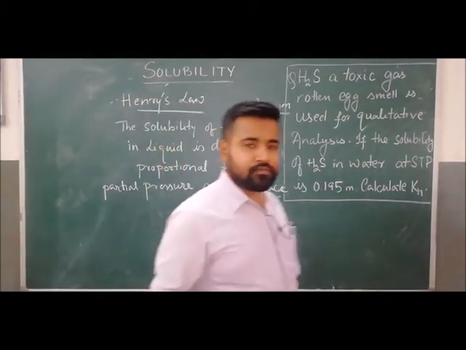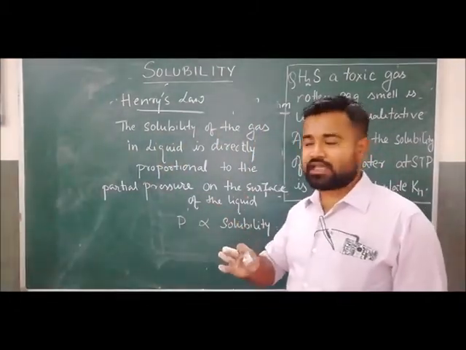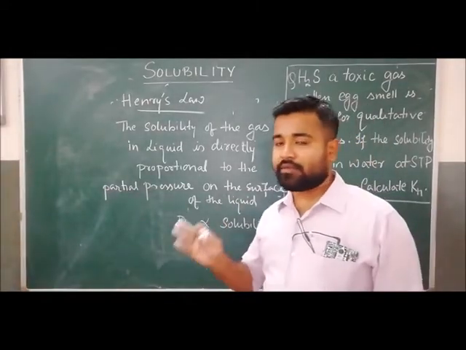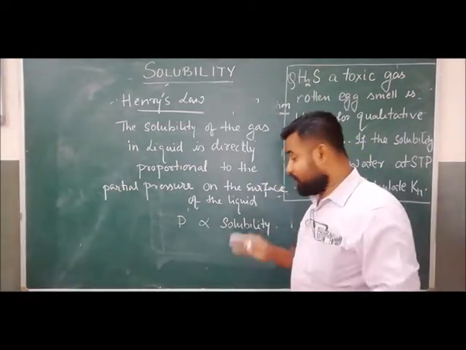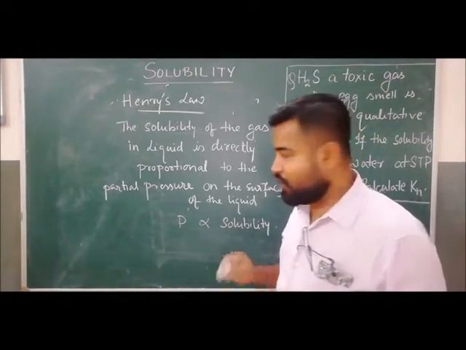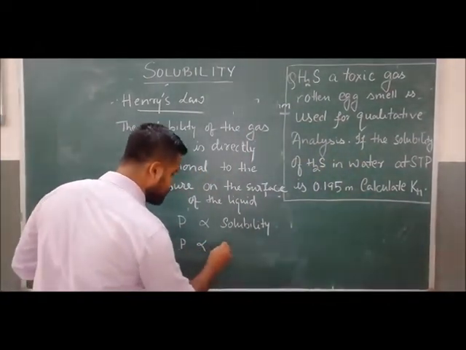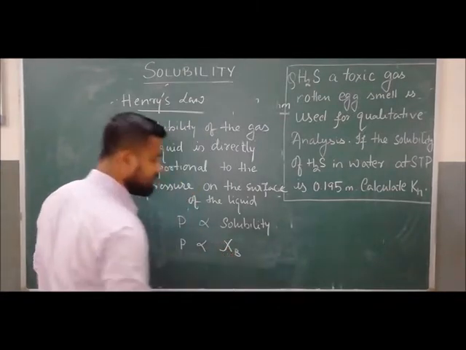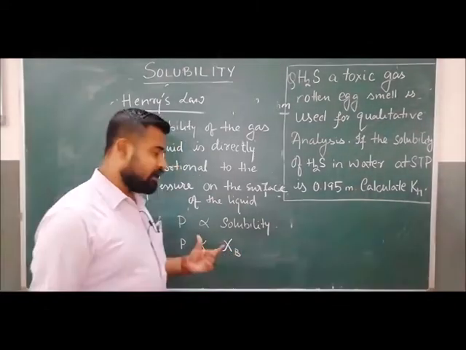And one thing, the solubility, as I told you in the previous 3 videos, whenever we take the solubility of the gas, it can be measured in terms of mole fraction. So the pressure is directly proportional to xi of the solute, solute we are taking as B, so it is xi B. Clear?